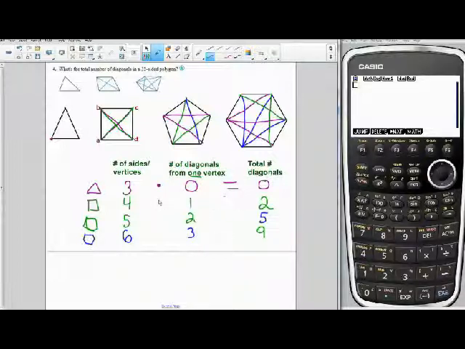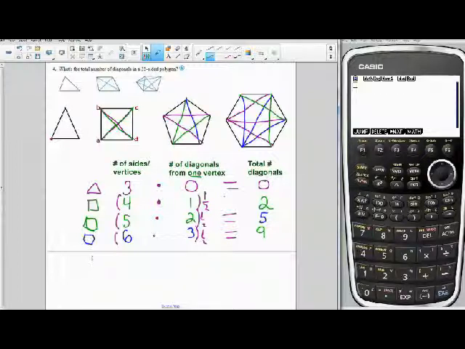But here's one of the problems I have. 4 times 1 does not equal 2. So we're going to have to do something to this. Now let's see what kind of pattern we have here. 5 times 2 definitely doesn't equal 5. That could be a problem. And 6 times 3 definitely doesn't equal 9. Well, we have, of course, 18, 9, 10, 5. You know we're multiplying by 1/2, or dividing by 2.